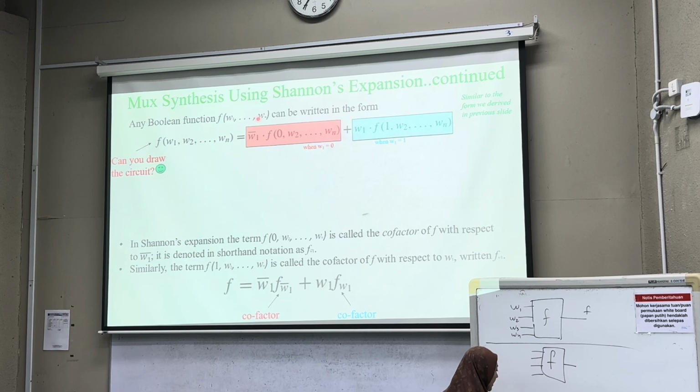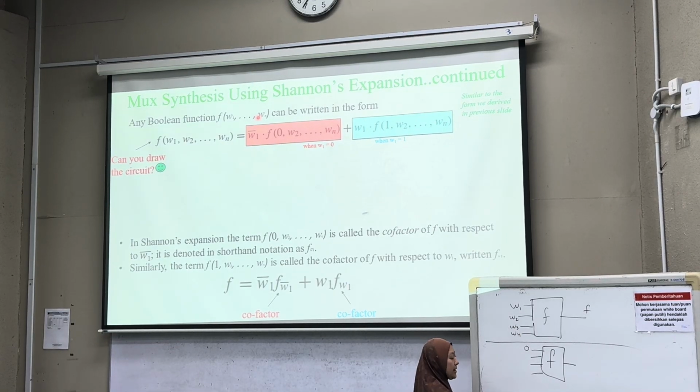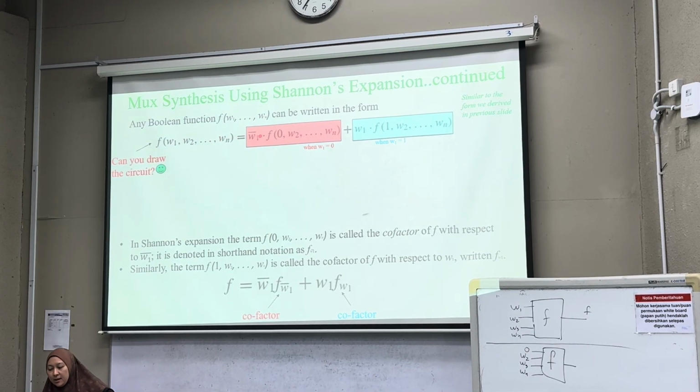Another 1, 2, 3, 4. Say I'm not going to put a W1 there. Instead of a W1, I put a 0. And instead of W1, I put a 1 here. Here, W2, W3, W4. Because when you have a Shannon expansion, you've got one where W1 is 0, and here, W1 is 1.